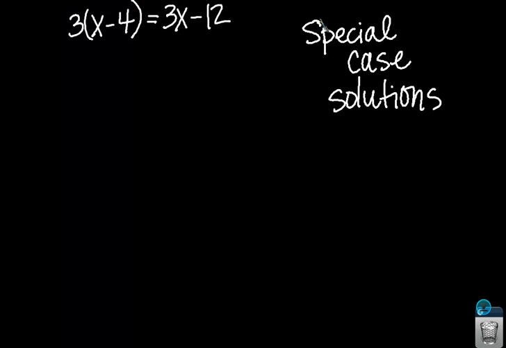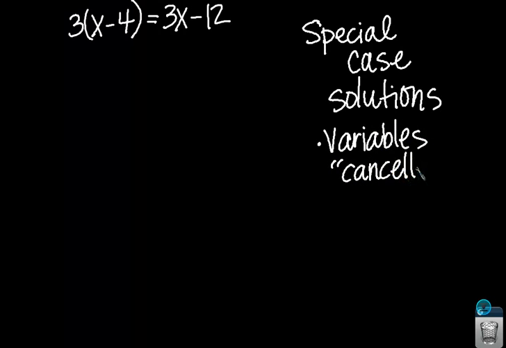And these special case solutions happened when the variables canceled out and then the resulting equation was either true or false.